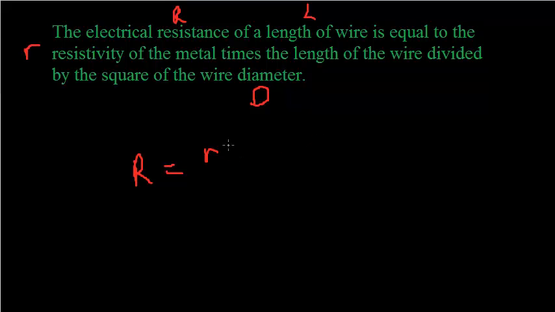So we're multiplying this by the length of the wire, which we called L, and that's divided by the square of the wire diameter. So the wire diameter is D, and if we want to square the wire diameter, we square it like so.